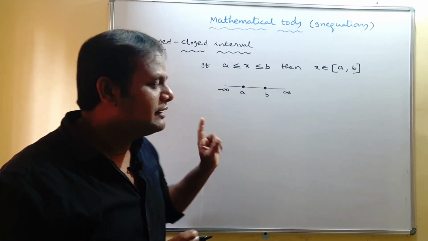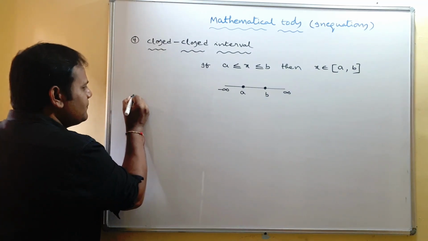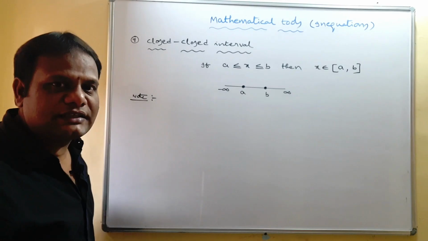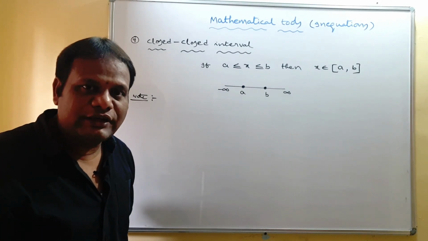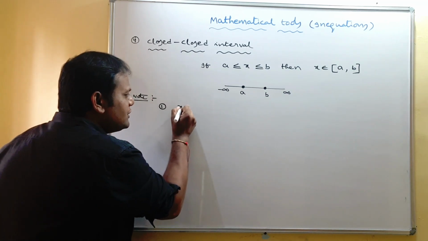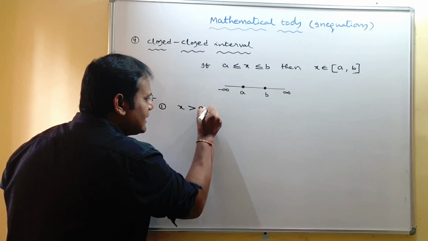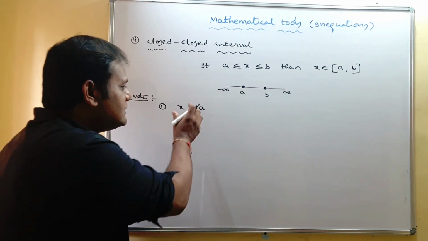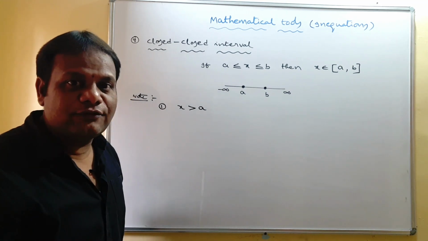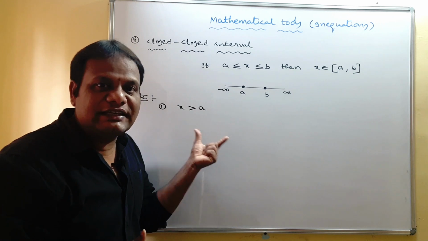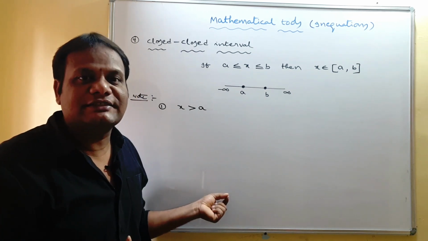Is it clear? Right. Now we discuss a few important points related to solutions of inequations. While solving any inequation, suppose you get x greater than a. Now you have to give the solution to this inequation. How to represent the solutions of this inequation we will discuss now.